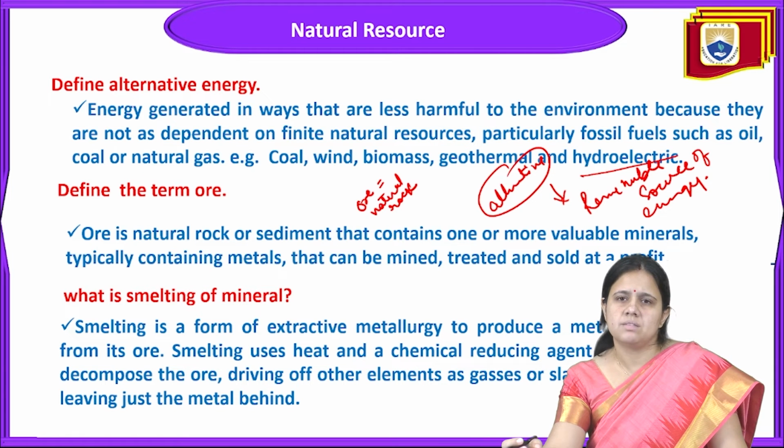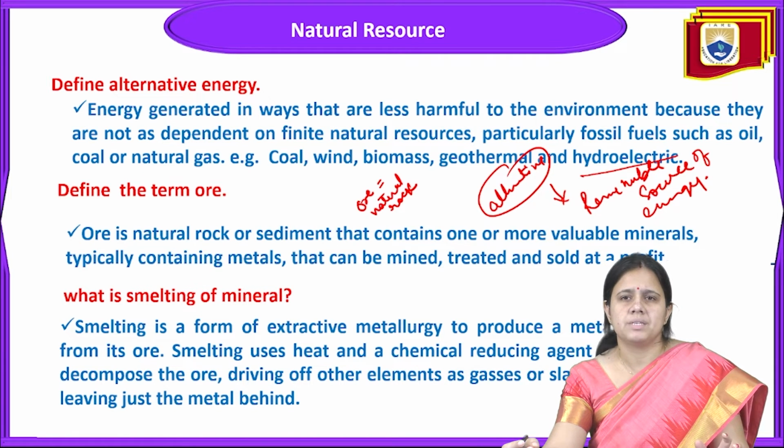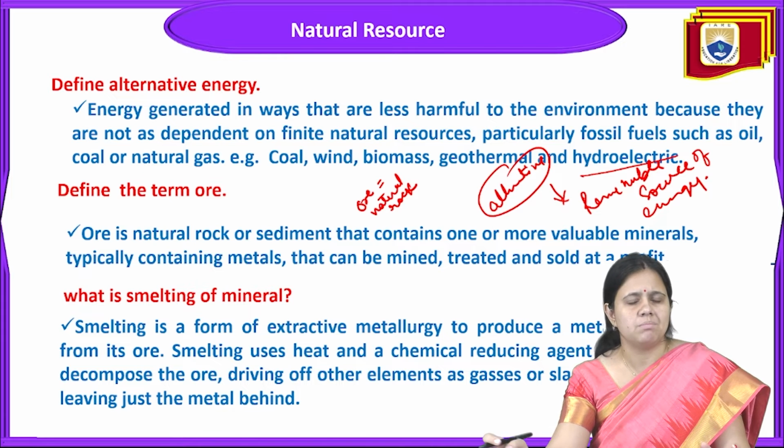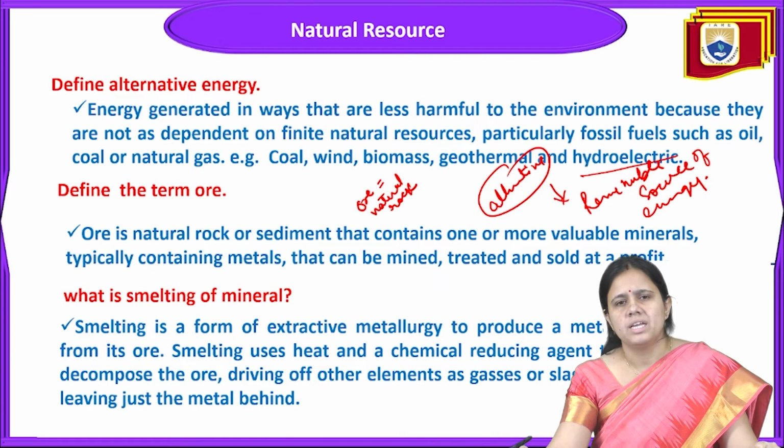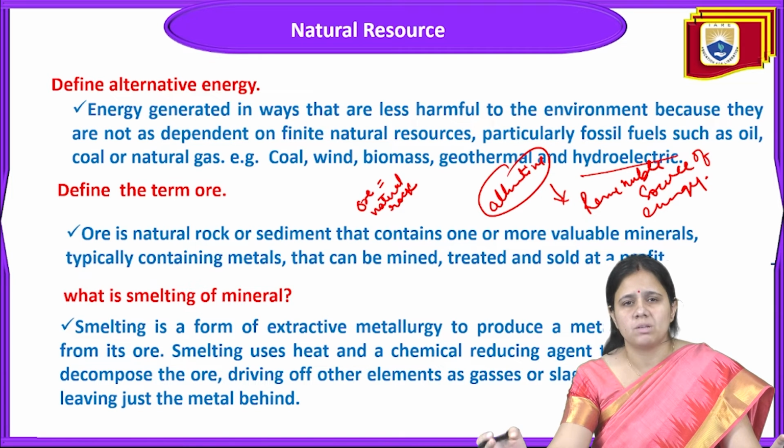So this is about the smelting of minerals and the basic terminology of ore. Ore is a natural rock that contains valuable metals, and by the process of smelting we extract the minerals from that ore, and then we can use that mineral for profit.